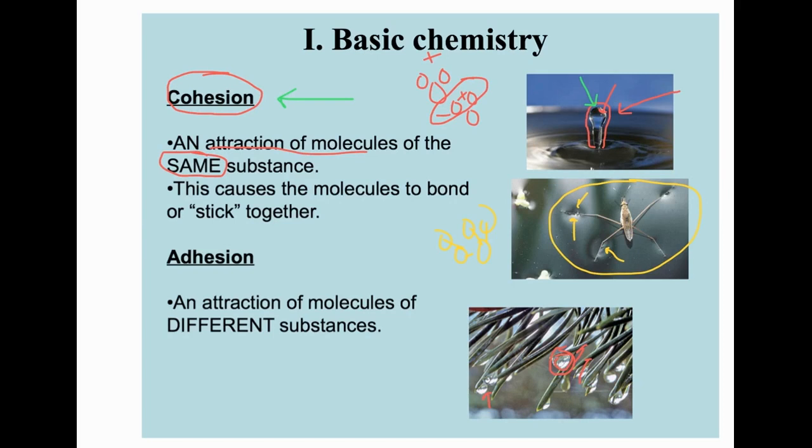Now, when water sticks to things like paper or to things like pine needles, since those are different substances, that's called adhesion. So that's an attractive force between molecules of different substances. So cohesion, same substances. Adhesion, an attraction between molecules of different substances.